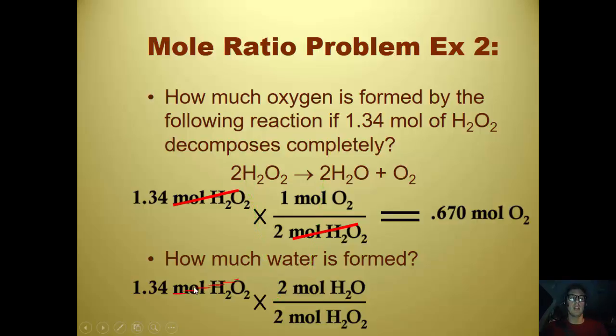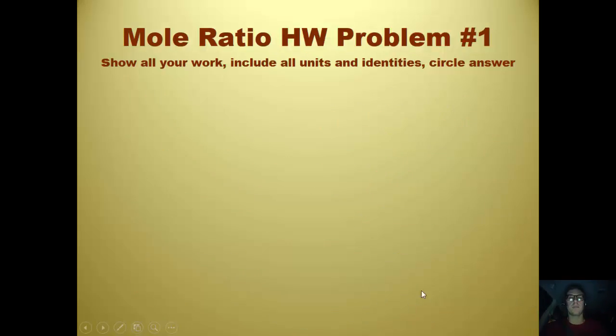Our units cancel. Moles of H2O2, moles of H2O2. And we get 1.3 moles of H2O. And we could have probably figured that out when we know 2 over 2. But for every mole of hydrogen peroxide you put in, you get a mole of water from our equation.